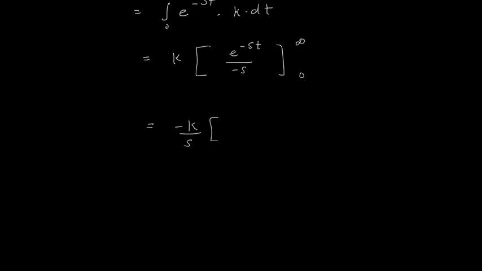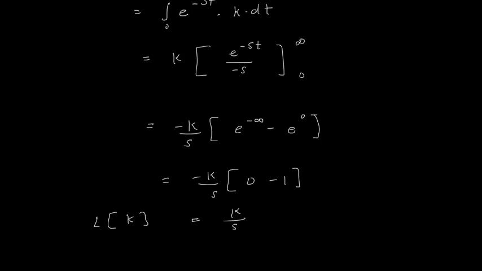Then here it is e raised to minus infinity minus e raised to 0. We know the value of e raised to minus infinity is 0, minus e raised to 0 is 1. So the final answer is k upon s. So Laplace of f of t, that is Laplace of k, is equal to k upon s.